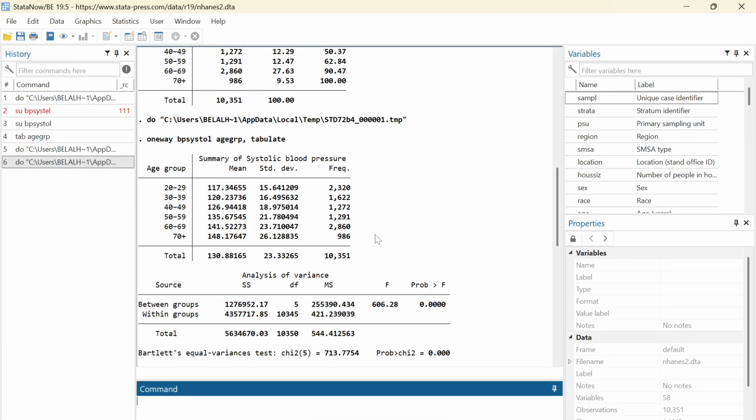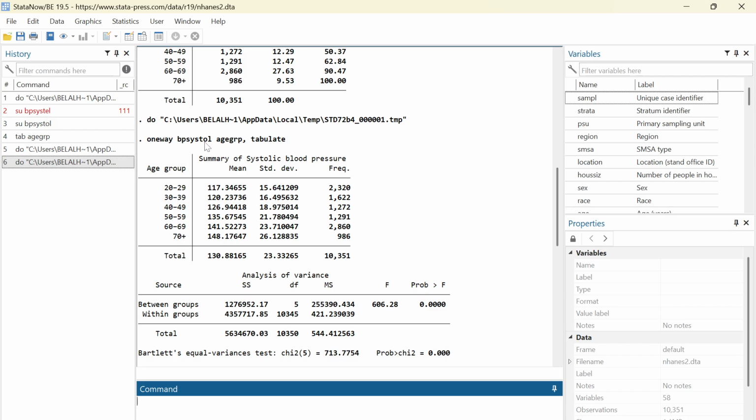In this tutorial, I'm going to demonstrate how to run a post-hoc test like Tukey post-hoc test in Stata. In my last video, I showed you how to run a one-way ANOVA test in Stata, and I demonstrated the interpretation of the one-way ANOVA table. What I mentioned is that ANOVA tells us whether there is any difference in group means.